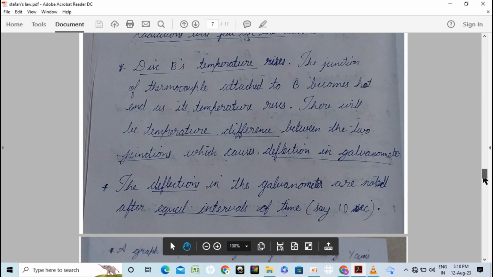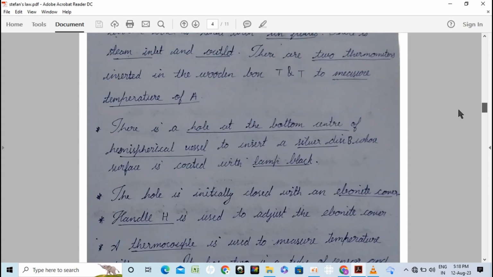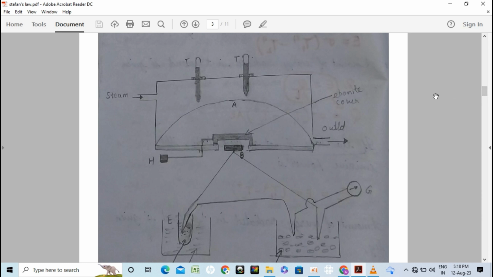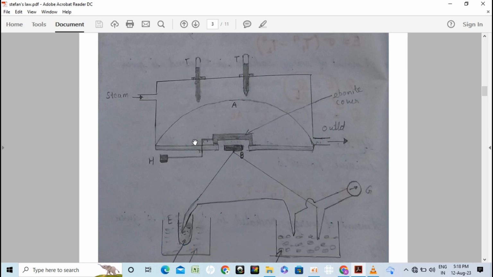So once more I will explain. After the standardization of the thermocouple, these two junctions are allowed to reach room temperature. After that, steam is passed. So this hemispherical metallic vessel gets heated. The lamp black inside it gets heated.